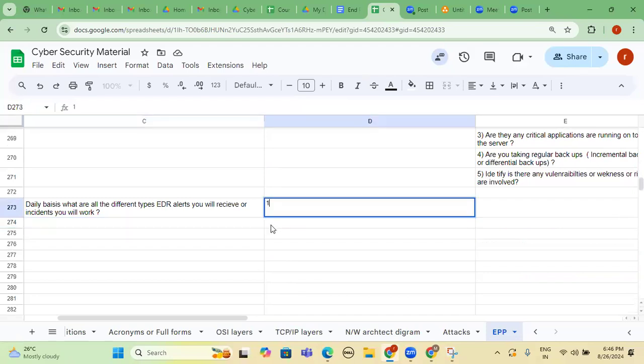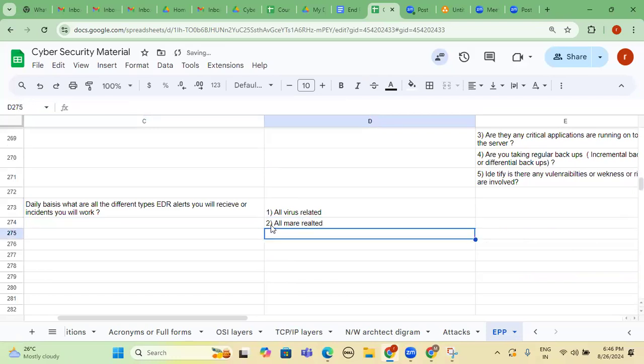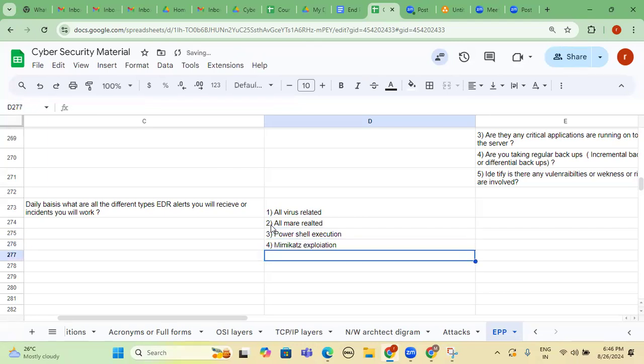First one is all virus related, all malware related, PowerShell execution, mimic edge exploitation. Next one, potentially unwanted programs identification.